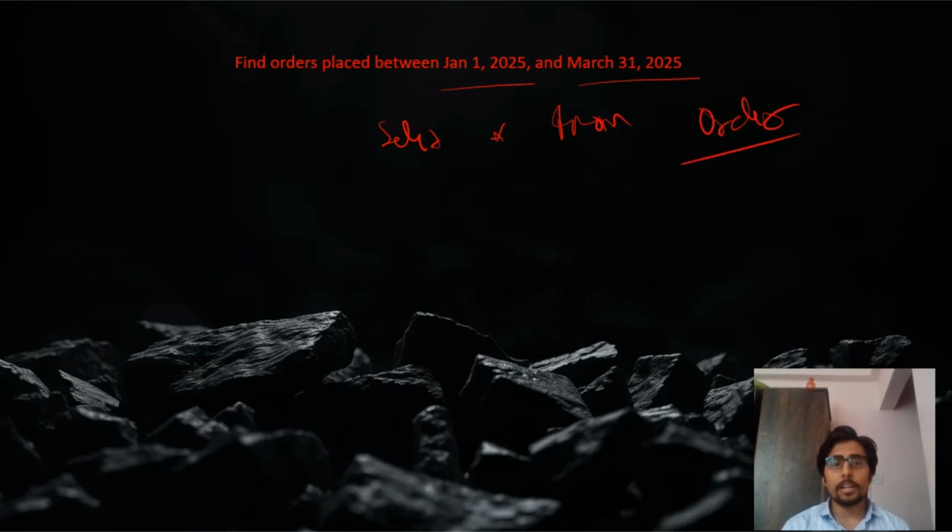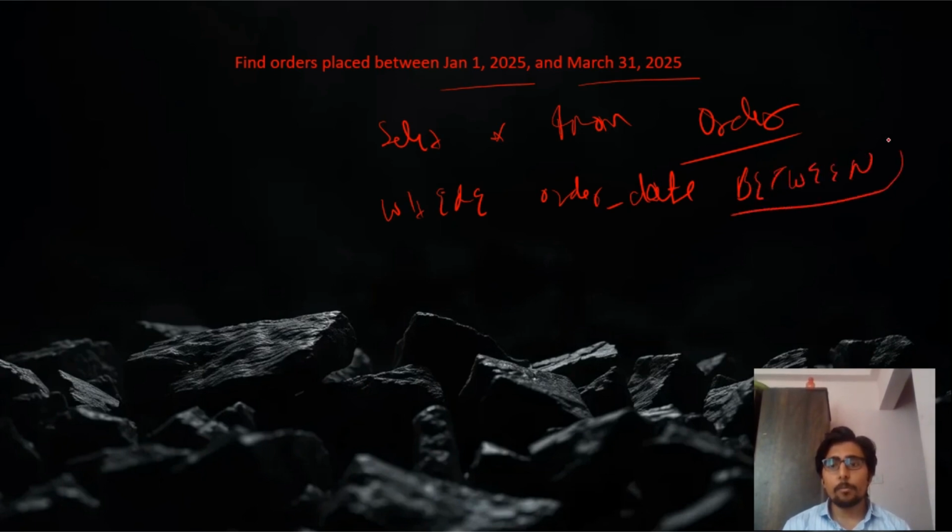For this particular database we have created an order table, and we have to find the orders placed between these two particular dates. So from the order table, where order date, the order date column, we have a column named order date. The BETWEEN operator will come here, between.